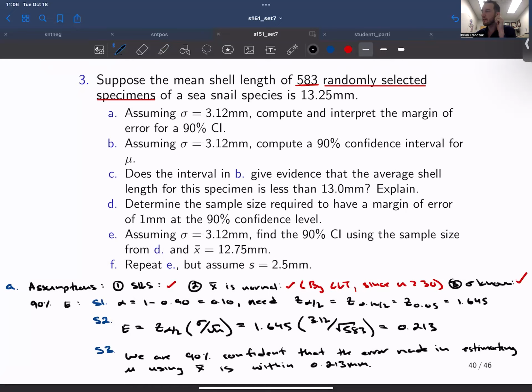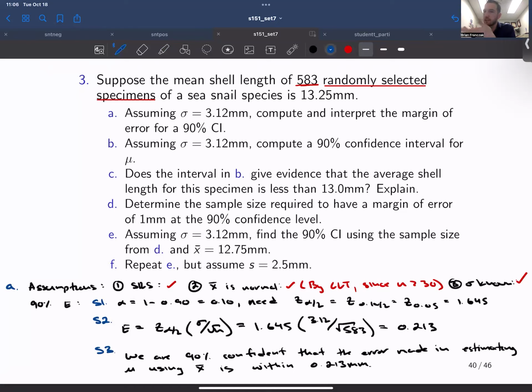The margin of error is essentially telling us how wide the interval is going to be, but it represents the expected error that surrounds our point estimate X bar when using it to estimate the population mean.